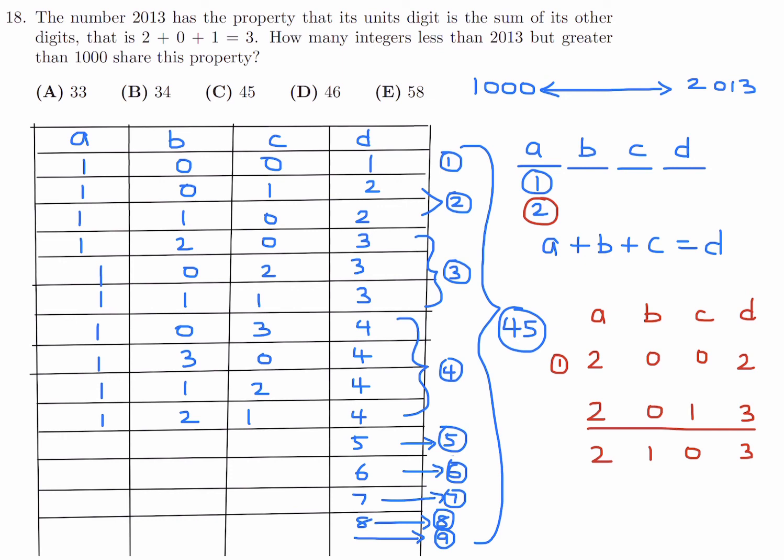So 2013 is 2013, and 2103 is obviously greater than 2013. So these two don't count, and neither will any other value greater for D. Like if you put 4, and then you did, for example, 1 and 1, as you can see, it will be greater than 2013.